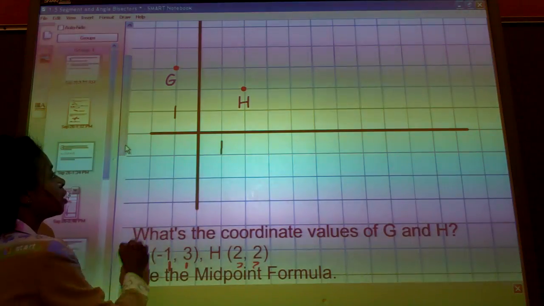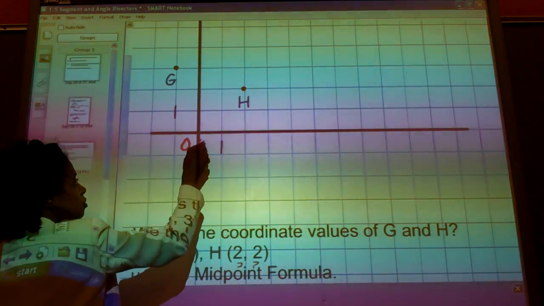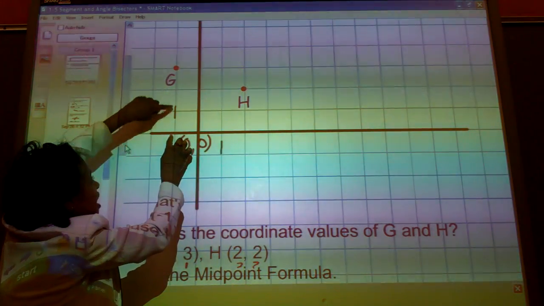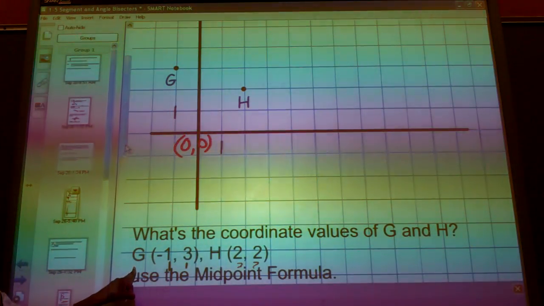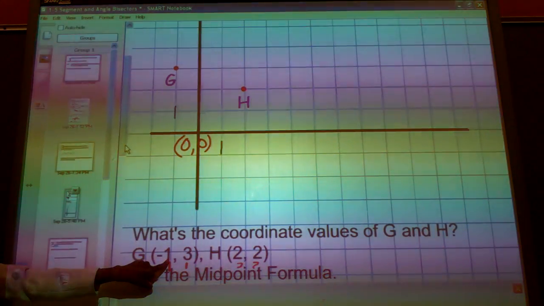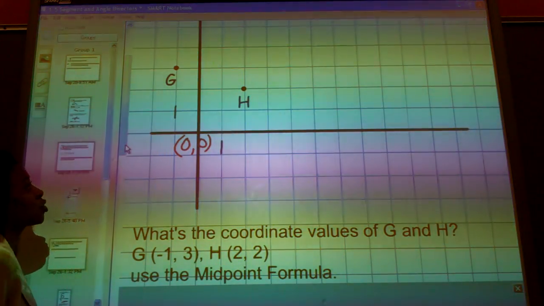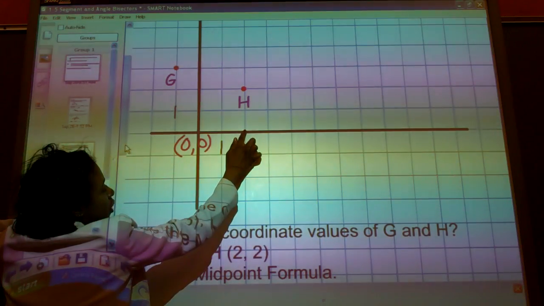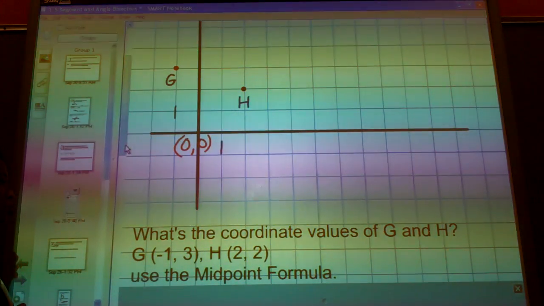G is going to be located at, if this is 0, 0, the origin, X is -1, Y is 1, 2, 3. So G is going to be located at -1, 3, and H is going to be located where? At a positive 2 in the X direction, up 2 in the Y, at 2, 2.